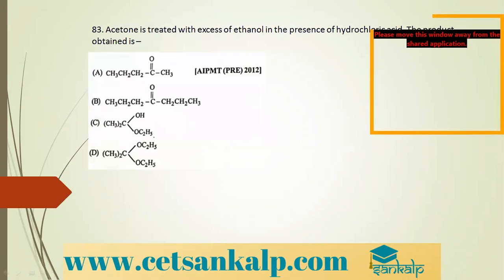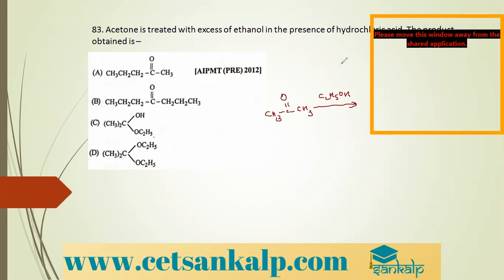Acetone is treated with excess of ethanol in presence of hydrochloric acid. The product obtained is? So you are taking acetone and heating it with excess of ethanol. See here CH3 C double bond O CH3, acetone, and you are treating it with excess of ethanol.